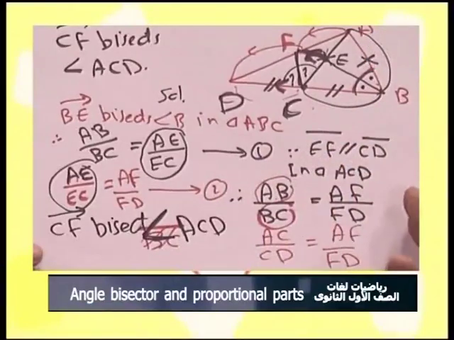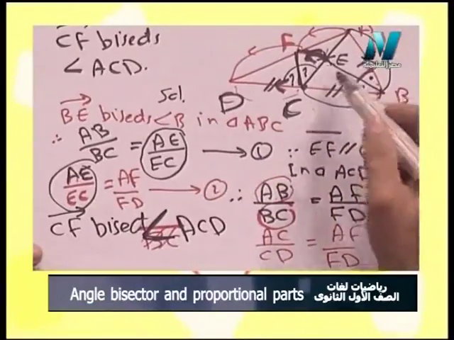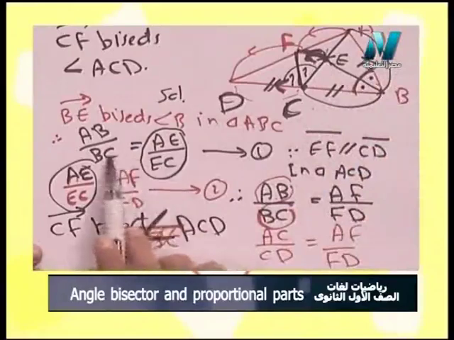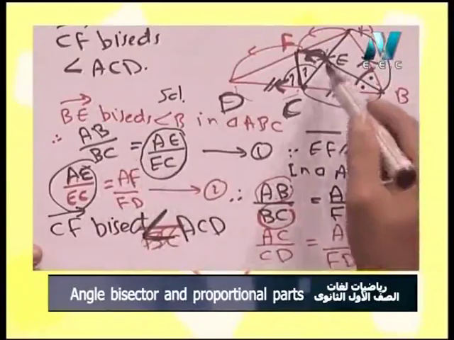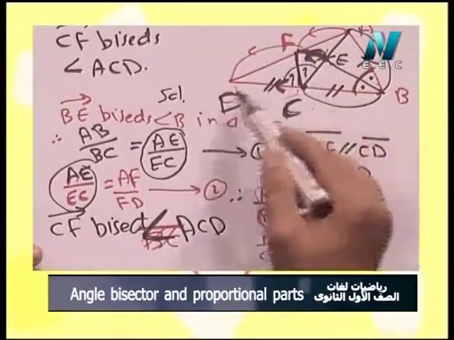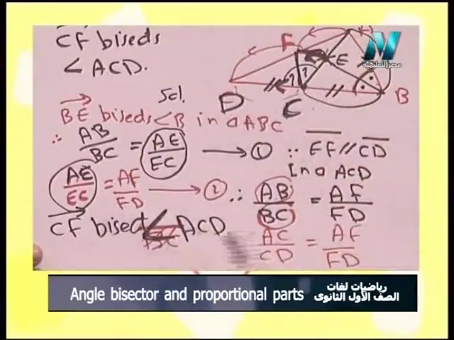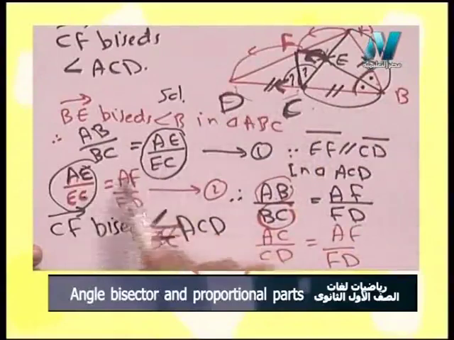We have used the bisector in triangle ABC in this equation, and we use the parallel EF parallel to CD in triangle ACD to get the second one, and we deduce that we have two equal ratios.